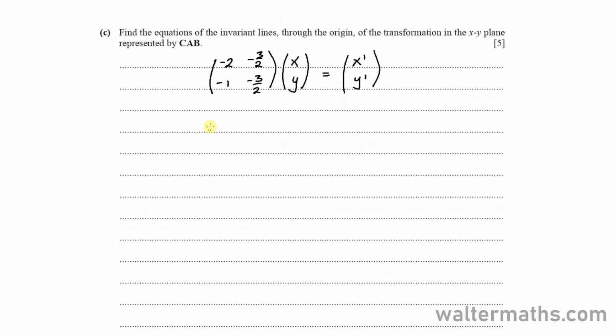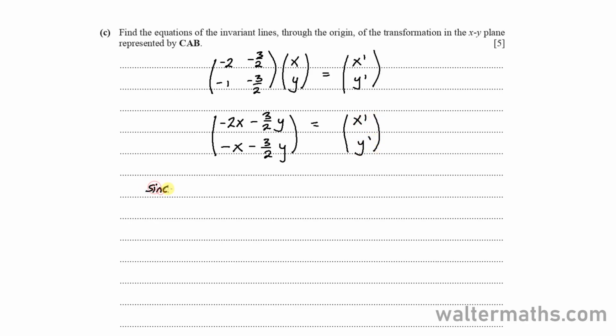So let's simplify this. This row times the column gives -2x and -3/2 times y, that's -3/2 y. Then this lower row times the column, we get -x and -3/2 y. And that's all equal to (x', y').